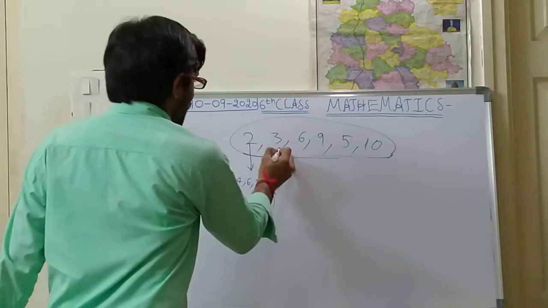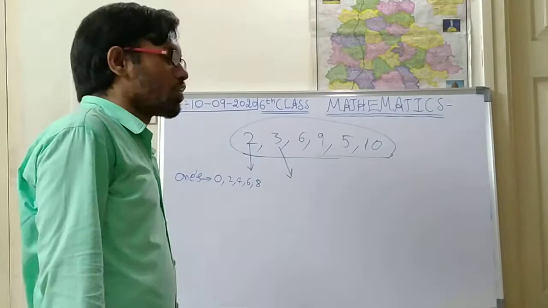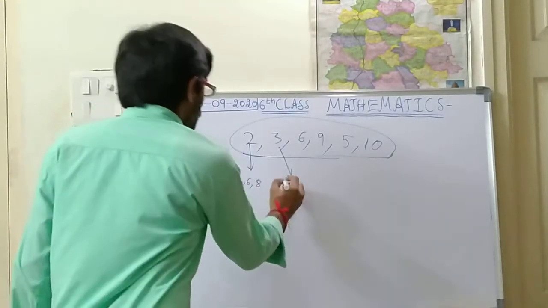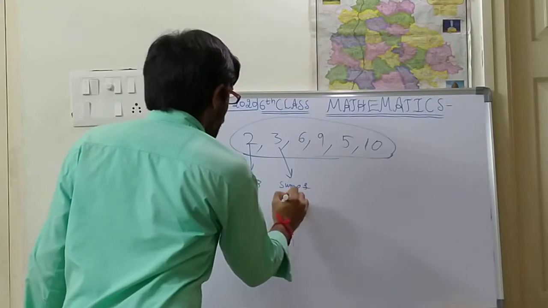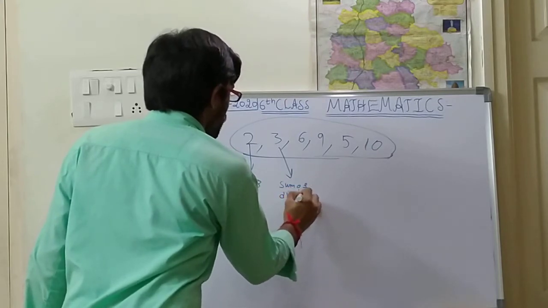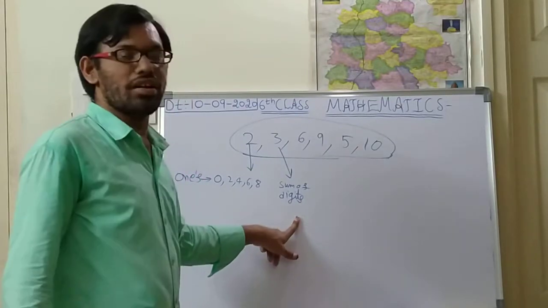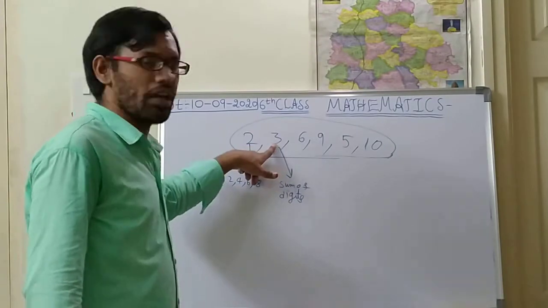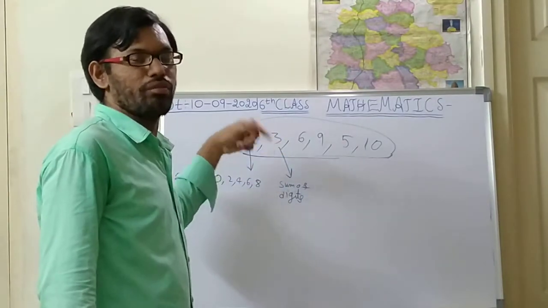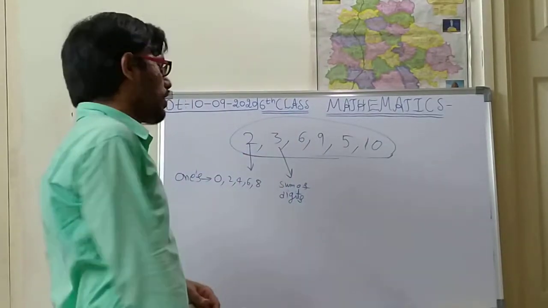Next, for the number 3, if a number is divisible by 3, the sum of digits, the result you get by adding the digits, should be divisible by 3, that is, in the 3 multiplication table.